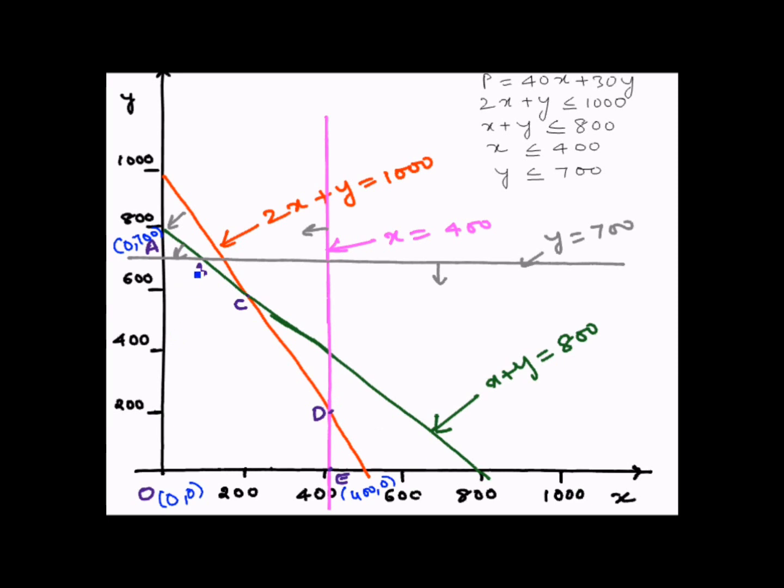So now let's solve the equations to find out the coordinates of B, C and D, and then we can use the coordinates of A, B, C, D, E and O to find out the coordinate which gives the maximum profit. So as we saw earlier, the coordinates of point A are 0 and 700. For B, we need to solve the equations y is equal to 700 and x plus y is equal to 800.